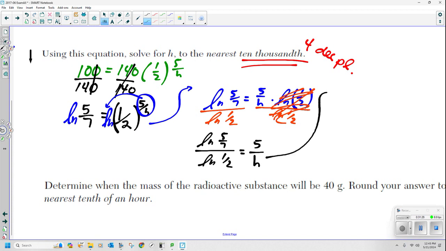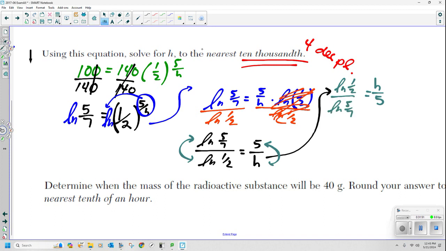But what I like to do is, if I flip this and I get H over 5, I can flip the other side and it's still the same thing: the ln of 1/2 over the ln of 5 over 7.